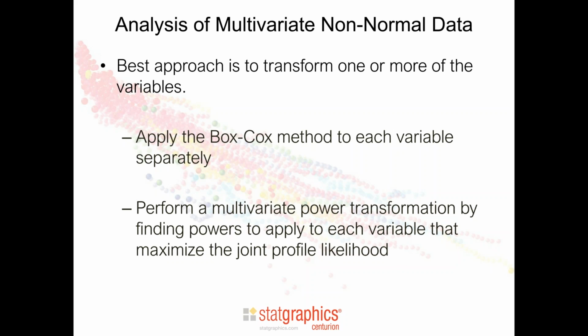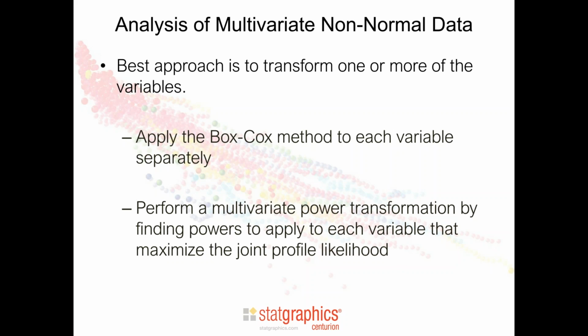Well, there are other multivariate distributions, but they're even more difficult to deal with than the multivariate normal distribution. We find that in the case of multiple variables, the best approach to handling non-normality is usually to transform one or more of the variables.